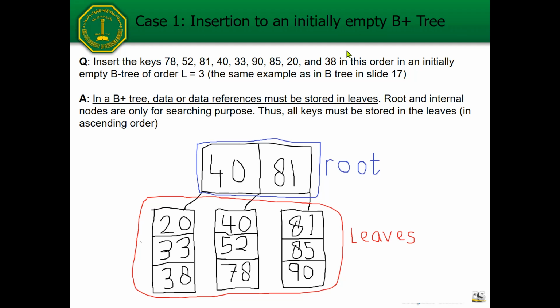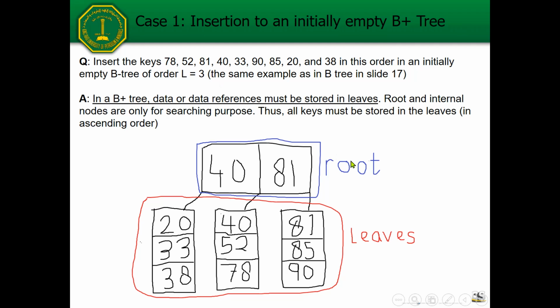Now look at this. There is an example from slide 17 of the B tree. We are going to insert the keys 78, 52, 81, 40, 33, 90, 85, 20, and 38 into a B plus tree that is initially empty.